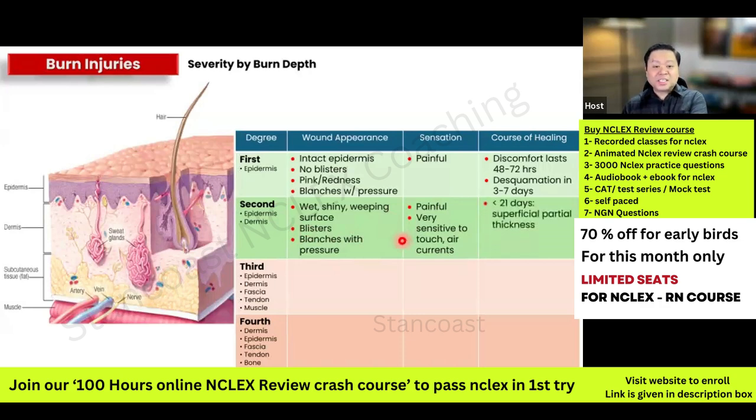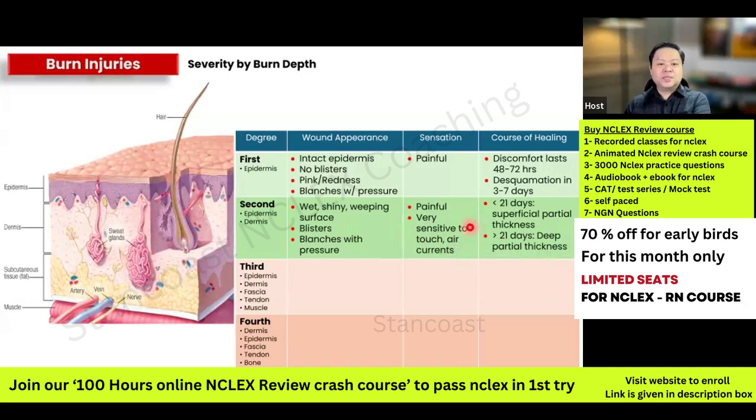Now, what we're going to expect here is that the healing can last less than 21 days for the superficial partial thickness. However, the healing will be longer than 21 days when there is a deep partial thickness type of burn. So please take note of the differences between superficial partial thickness and deep partial thickness type of burn.